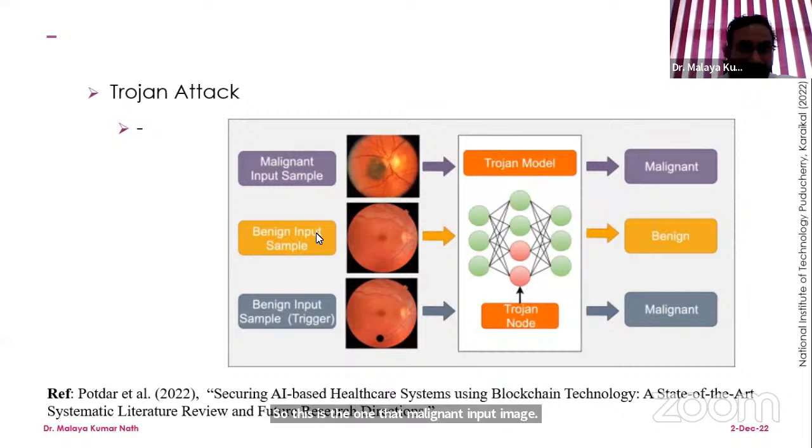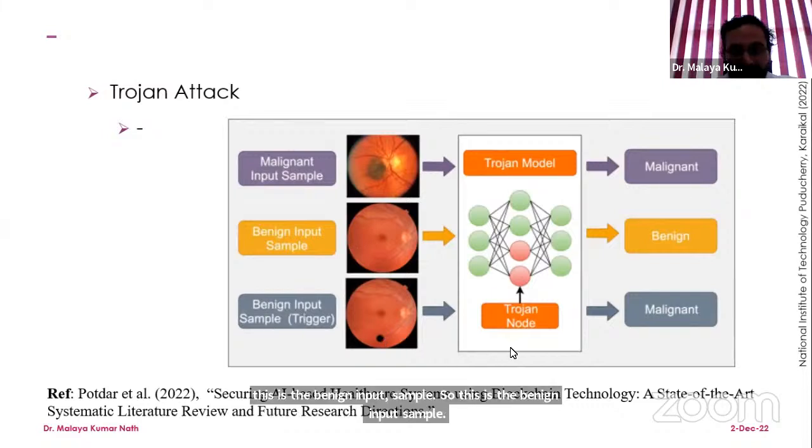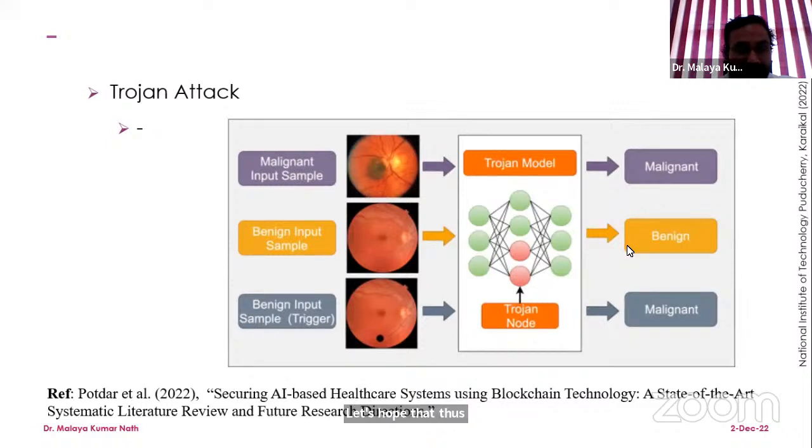This is a benign input sample, and this is a benign input sample with a trigger. That means a Trojan node is present, so that this model gets affected. This is called the Trojan attack. That means small or adverse changes occur in this image.